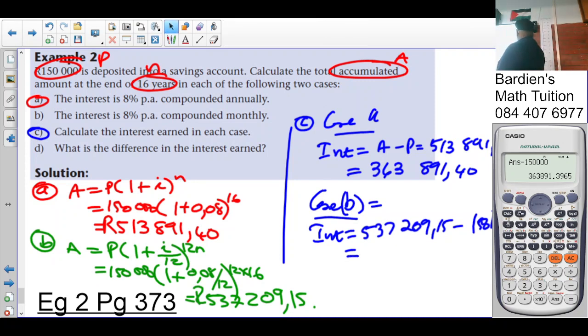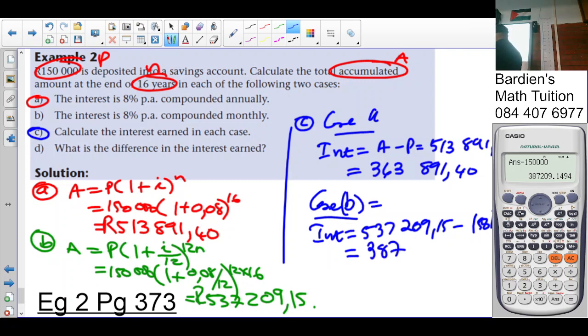So the answer minus 150,000 gives you 387,209 rand and 15 cents. Can you see that?